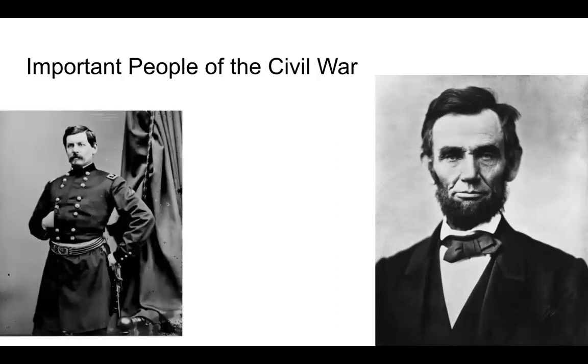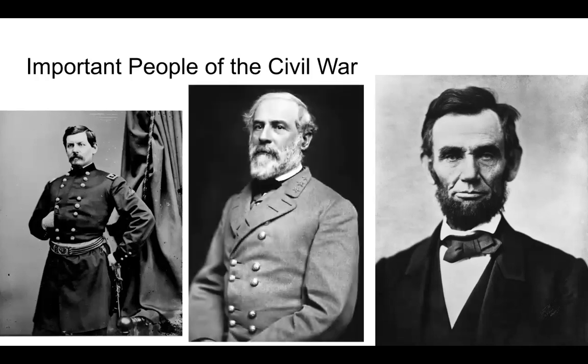George McClellan, prior to finding some generals later in the war, like General Grant, Ulysses S. Grant, who will go on to be a U.S. president later as well, he's kind of stuck with George McClellan. And he's not a big fan. He thinks that George McClellan is too cautious. And in fact, he will fire him a couple of times, but he just doesn't have that many options because all of the good generals are in the South. So like Robert E. Lee, so definitely the most notable of all of the generals in the South.